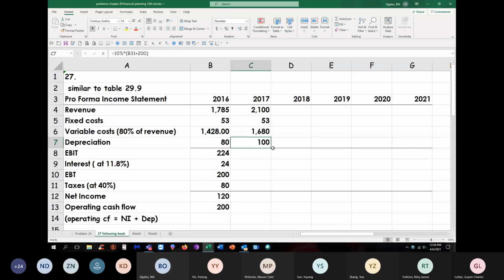All right, and then EBIT, pretty straightforward. This one minus this one minus this one, and away we go. All right, interest. The story says it's just based on beginning of the period debt, which makes a large amount of sense.